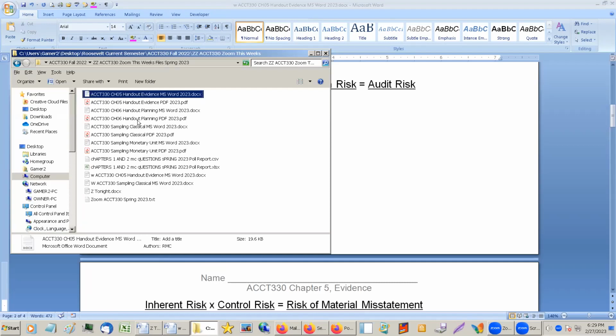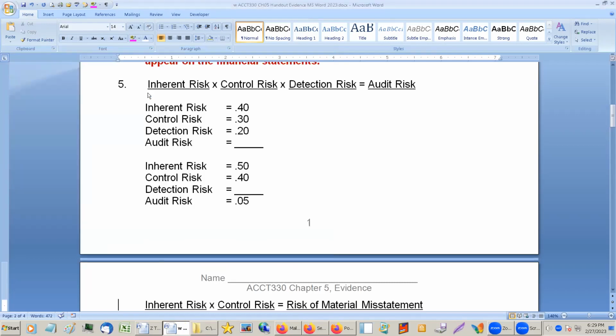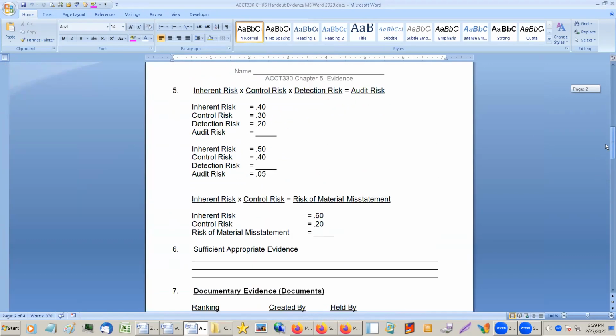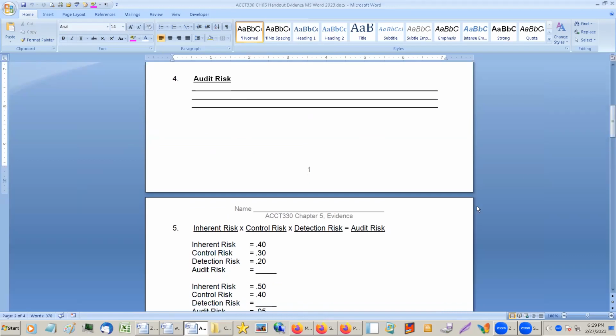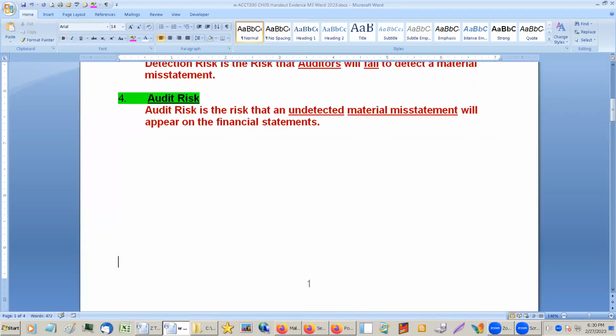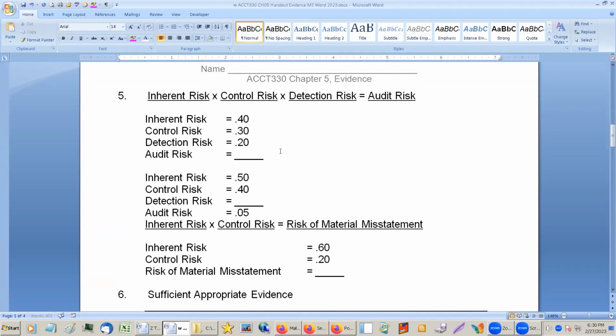I'm going to check something. I want to see what this handout looked like before I started hacking it up. Oh, those are on the next page. See that? Okay, we'll put them on the next page. I'm sorry. Okay, all right, I'm back.